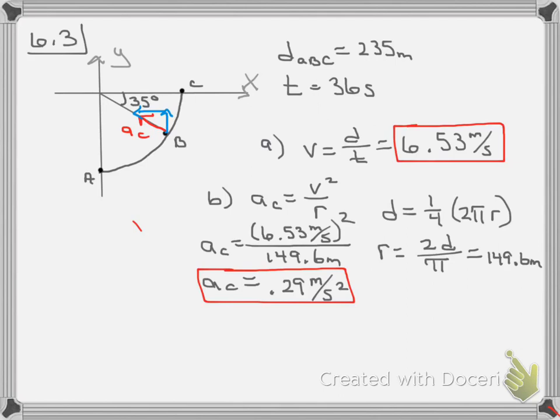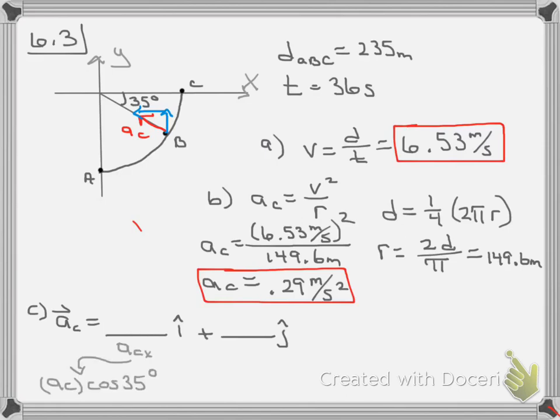So we can draw in components that point in the x direction and the y direction. And this is negative because it points in the negative x direction.